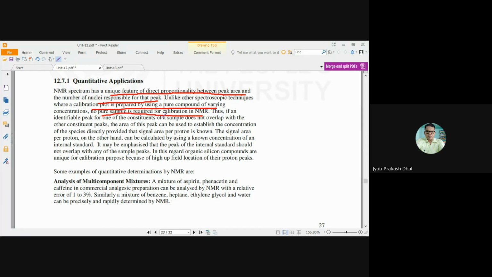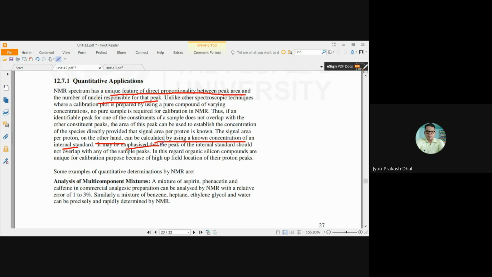Thus, if an identifiable peak for one of the constituents of the sample does not overlap with other constituent peaks, the area of this peak can be used to establish the concentration of species directly, provided that signal area per proton is known. The signal area per proton, on the other hand, can be calculated using the known concentration of an internal standard.